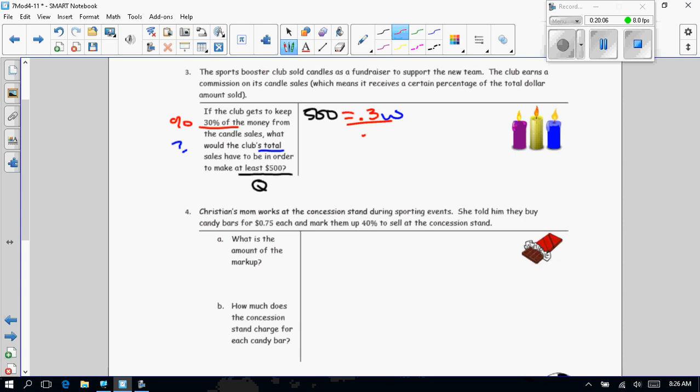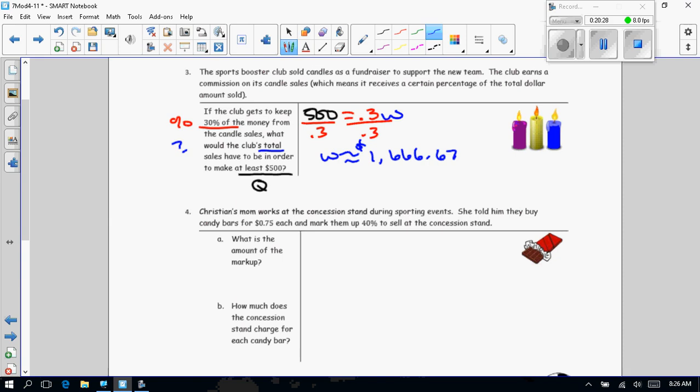If I divide both sides by 0.3, I find out that the whole is about $1,666.67 with rounding. That's how much they have to make in order to earn $500.